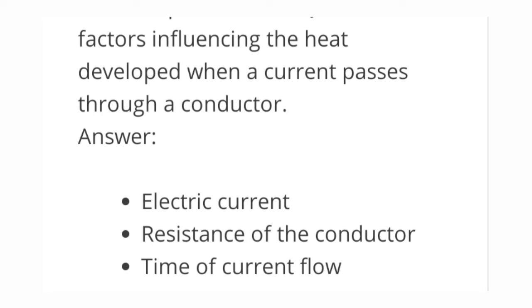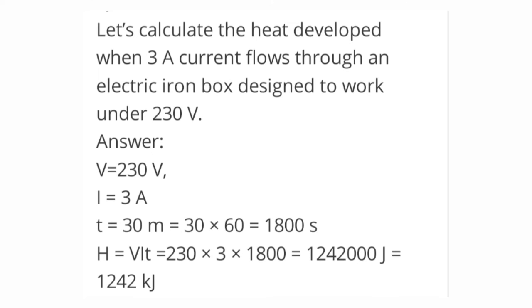Factors influencing the heat developed when a current passes through a conductor. Answer: electric current, resistance of the conductor, time of current flow. Let's calculate the heat developed when a 3A current flows through an electric iron box designed to work under 230 volt.